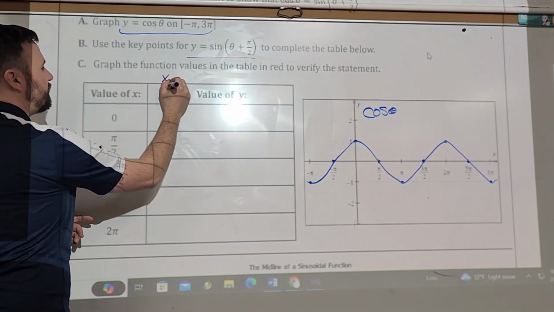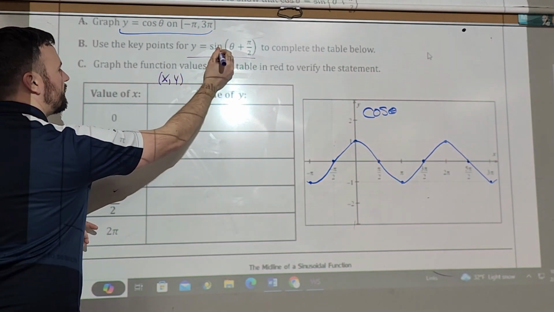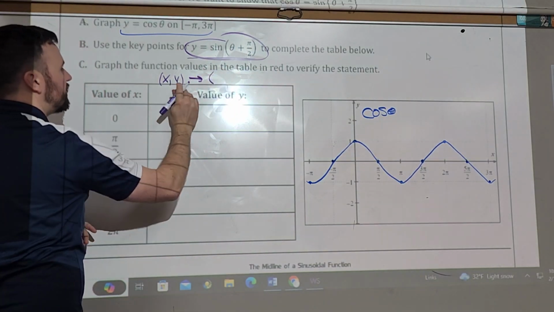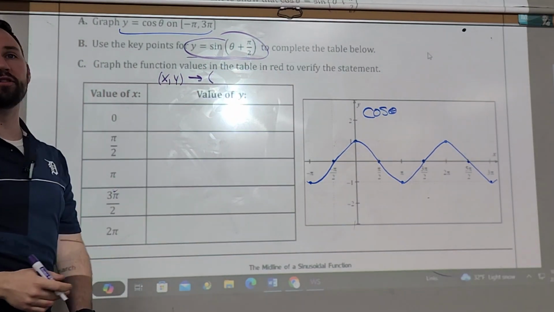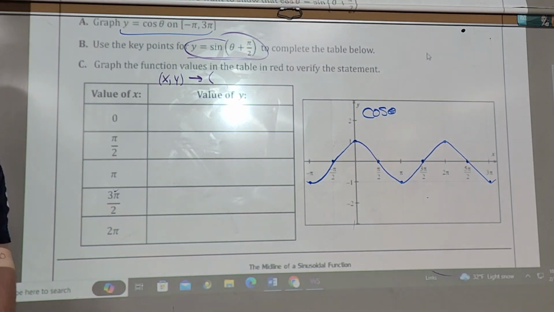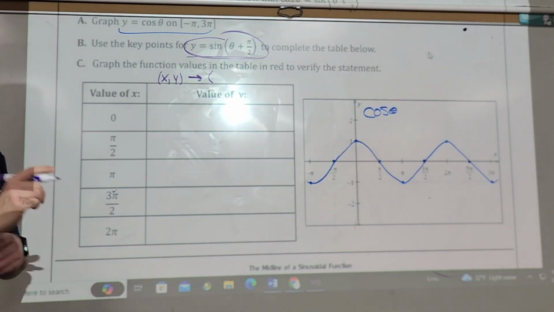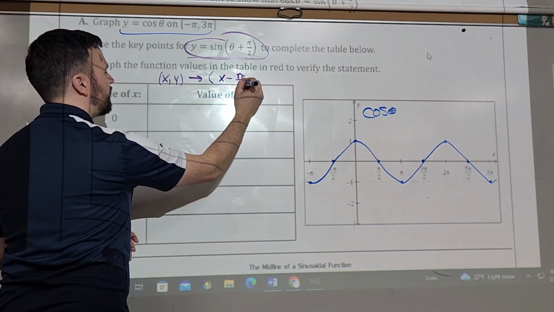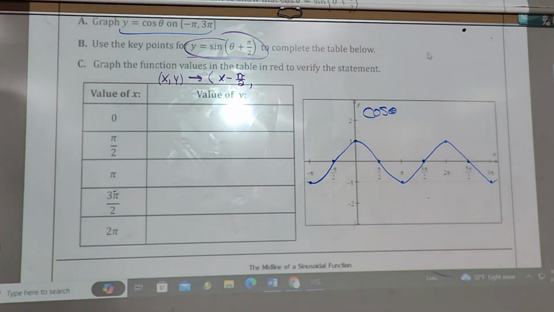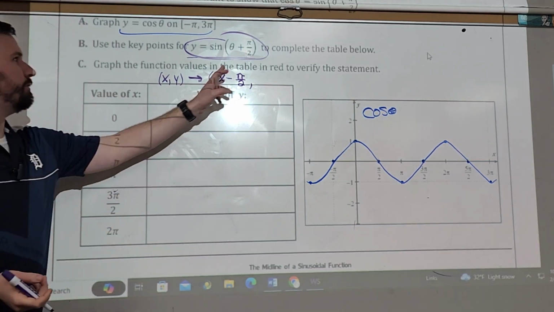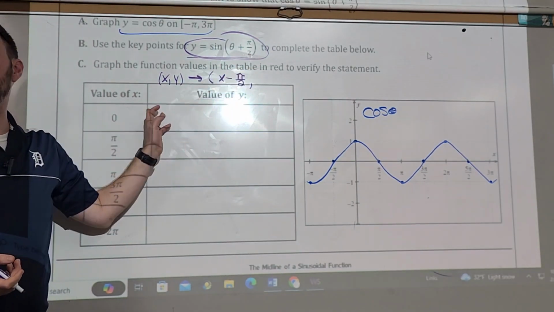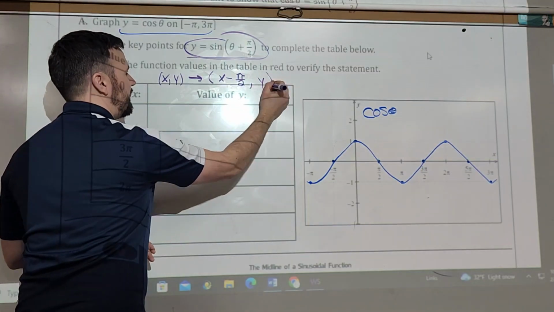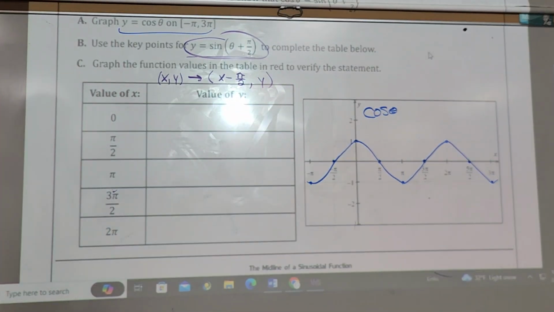What's x, y going to go to with this equation? What's going to happen to my x? If I add pi over 2, what's my x going to do? We're not multiplying. We're going to shift it, right? This is our first phase shift. So this is an intro to phase shifting, right? Remember, if it's plus, we go left. So I'm going to take my x and subtract pi over 2, and my y will remain the same.